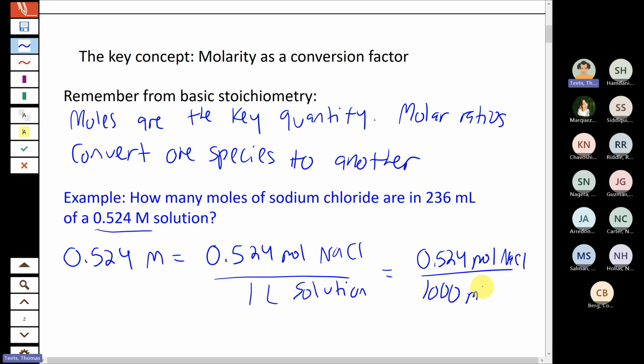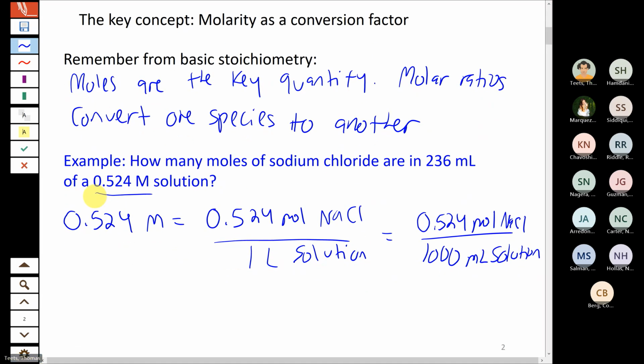Because 1,000 milliliters, of course, is equivalent to 1 liter. So I will often write it in this way just to save 1 step and just write that as one conversion factor involving milliliters in the denominator instead of liters. You just have to remember, though, that molarity is per liter, so the denominator has to be 1,000 milliliters if you're doing it in that context.